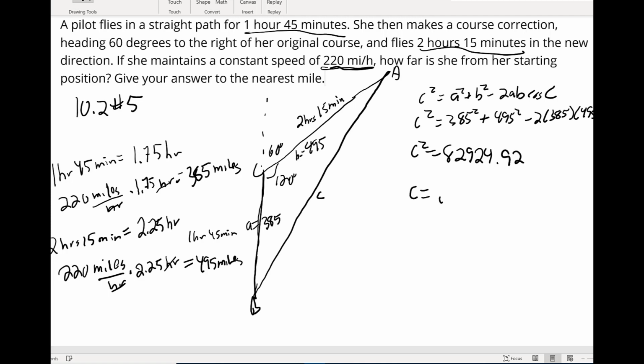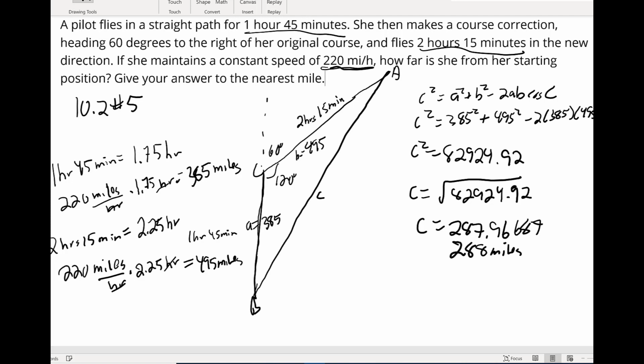So c would be the square root of that. I want the square root of this amount, and I get 287.966687 miles. They said the nearest mile, so 288 miles. Okay, well, I hope that helps.